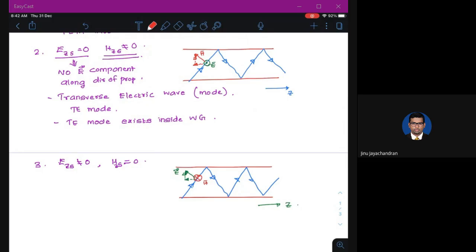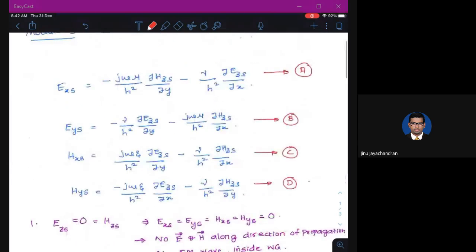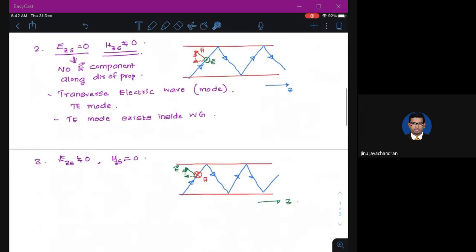Now in this case also, if you substitute those values here, Hzs is 0. Here also Hzs is 0. But because of the presence of this part of the equation, you will have a value for Exs. Because of this part, you will have a value for Eys. Because of this part, you will have a value for Hxs. And because of this part, you will have a value for Hys. Because of which the wave will exist inside a waveguide.